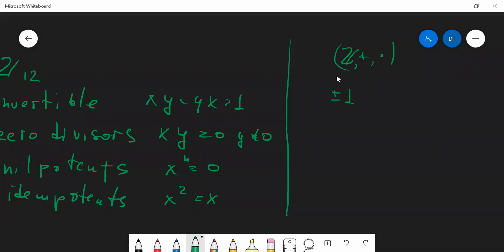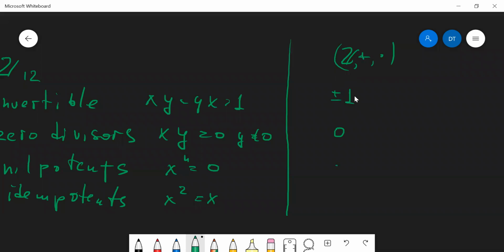Then the invertibles here are just plus 1 and minus 1. Okay? So the zero divisor is only 0. Is it clear why? Yes. Okay, are there any questions regarding this, just in case?